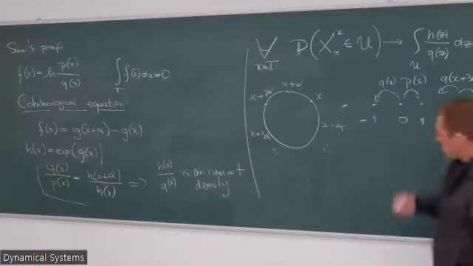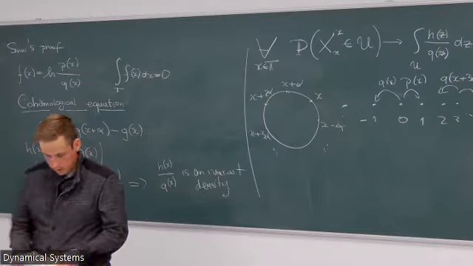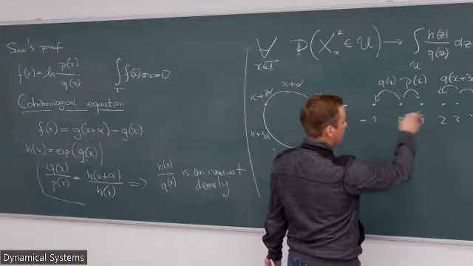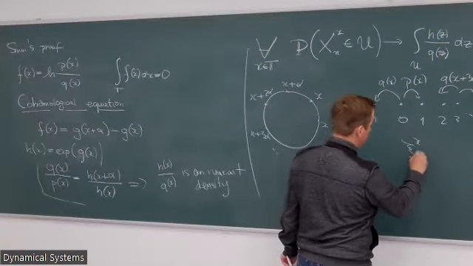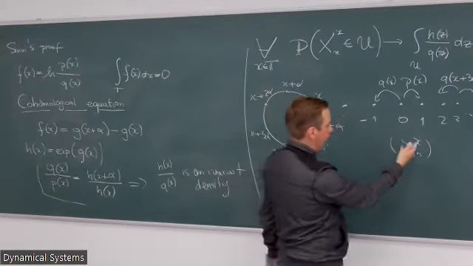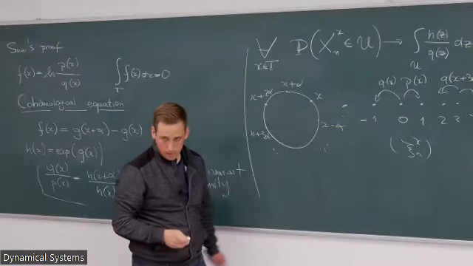If you have this kind of random walk, then you can investigate it, check what is its distribution, and then deduce something about the distribution on the circle.